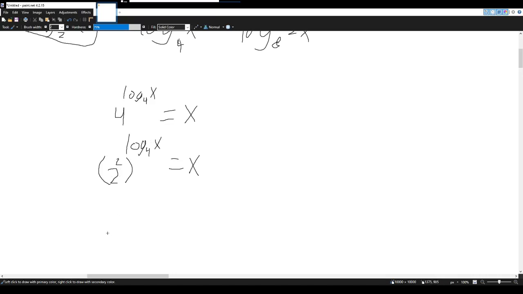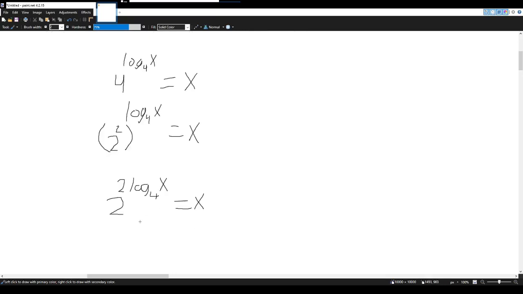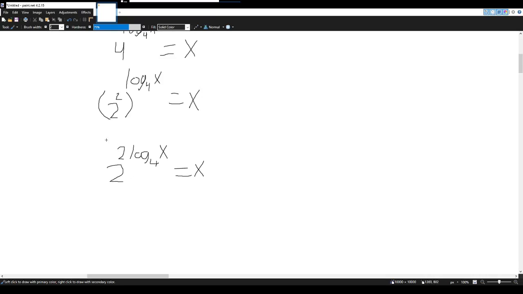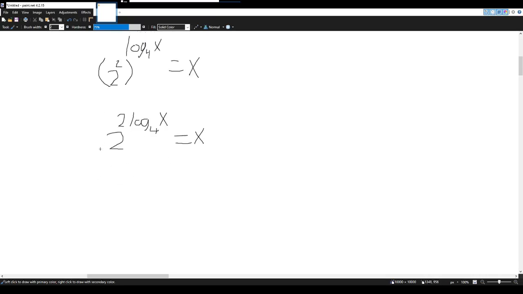So you can rewrite this as 2 to the power of 2 log base 4 of x equals x. Now we have a base 2 like we want, so this whole expression is just one log. We can say log base 2 of x equals 2 log base 4 of x.